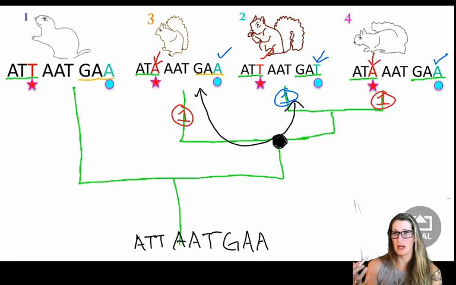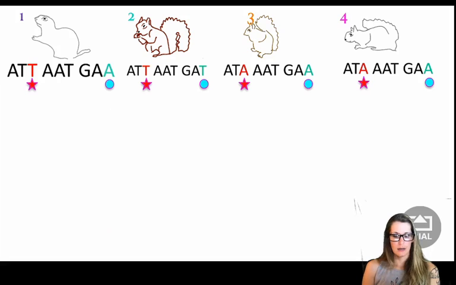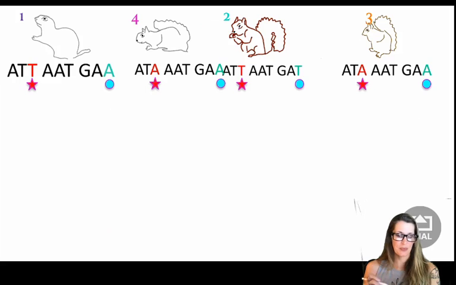So that's not as parsimonious. That's more changes, which is less likely in the hemoglobin gene. So that one seems less likely than the first option. Okay, all right, let's do another, let's flip some things around.